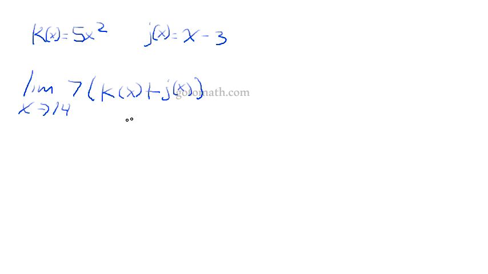Now, we can do this a couple different ways. We could go ahead and just add both of those together. So k plus j is 5x squared plus x minus 3, and then take that and substitute it inside and work it that way. But we're kind of talking about the properties here of limits. So I'm going to do it this way.